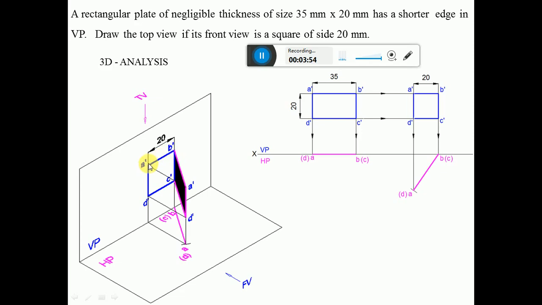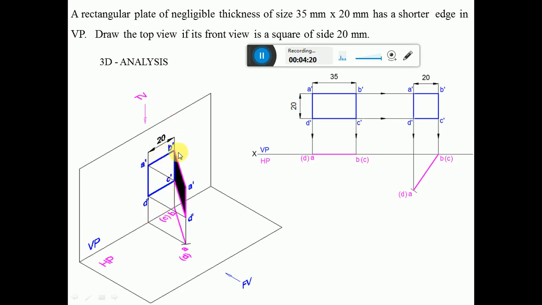You can see here the projected surface when it is rotated such that the front view becomes a square. You can see here A dash, B dash, C dash, D dash is a 20 mm square. The front view is rotated till it becomes a square of 20 mm side. So this is how the surface inclination is taken.